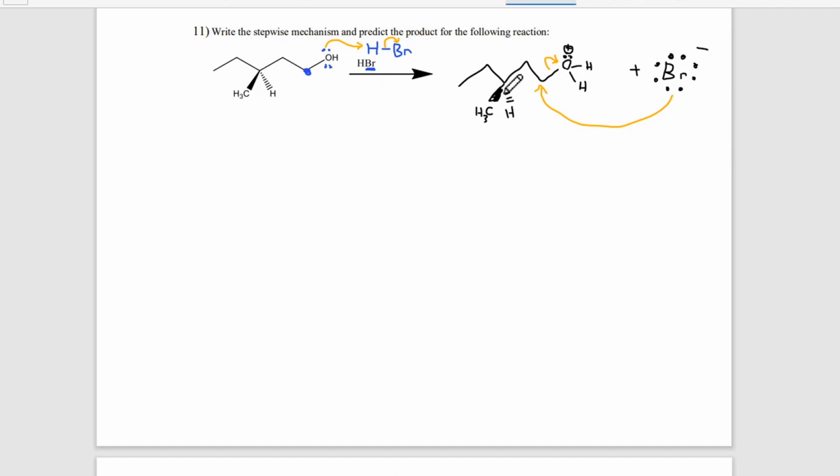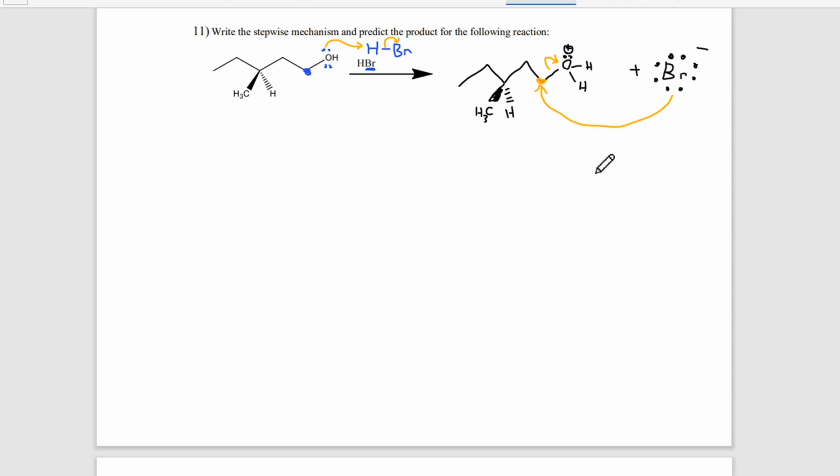Yes, there is a stereochemical center here, which is not going to change from what it was previously. This is going to be 1, 2, 3. So this is actually an S to start with, and it's going to still be an S after the bromine kicks this out. But the bromine is not going to form a stereochemical center because this carbon, the one right here, already has 2 hydrogens.